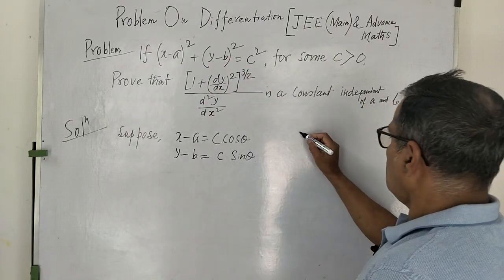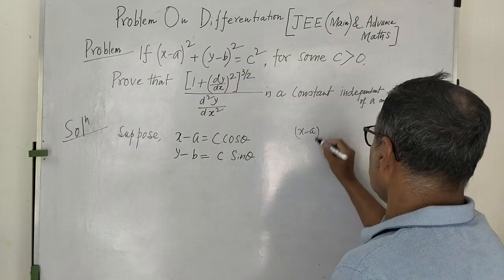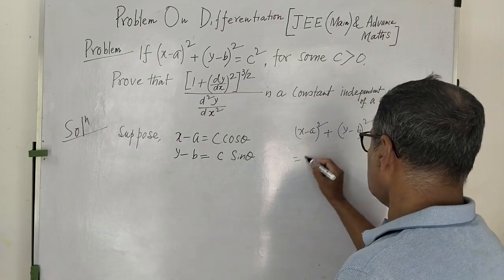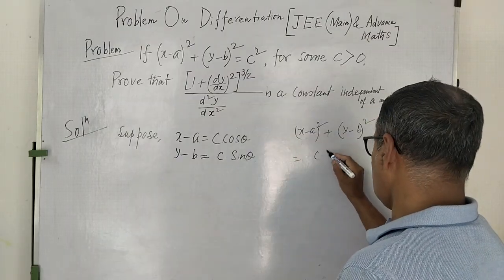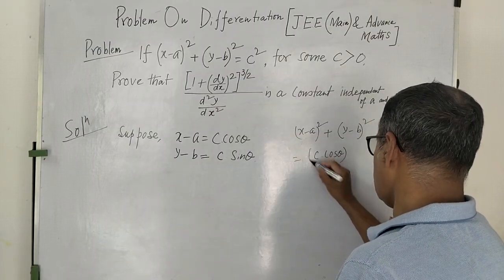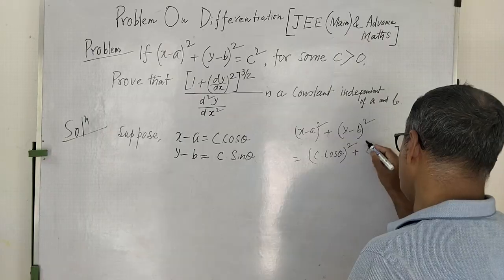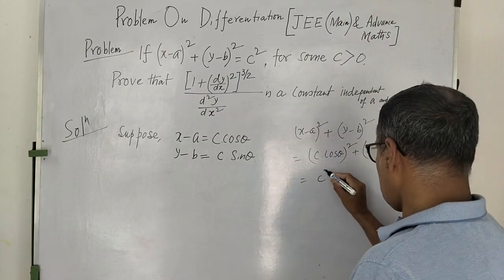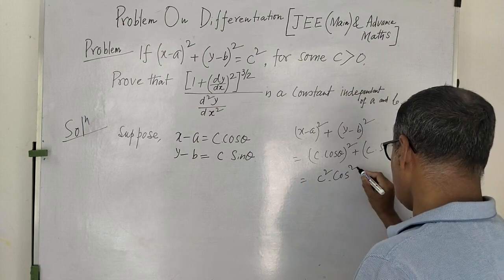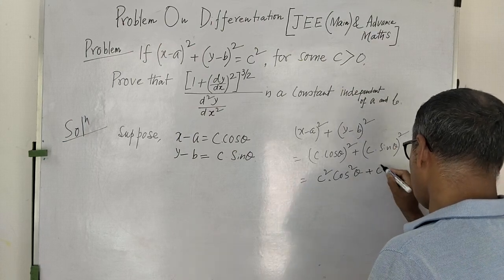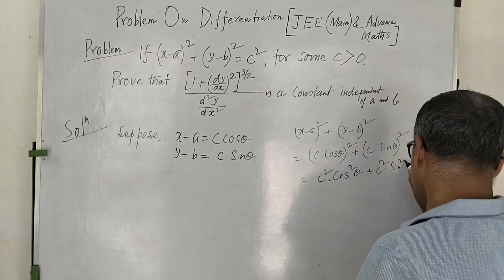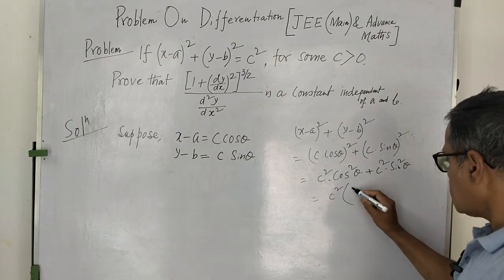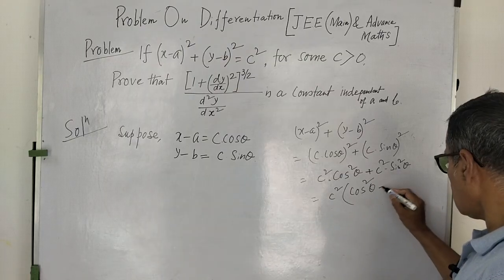In what way? Here (x − a)² + (y − b)². Now substitute the values of x − a, (c cos θ)² + (c sin θ)². So this is c² cos² θ + c² sin² θ. So c² is common: cos² θ + sin² θ.